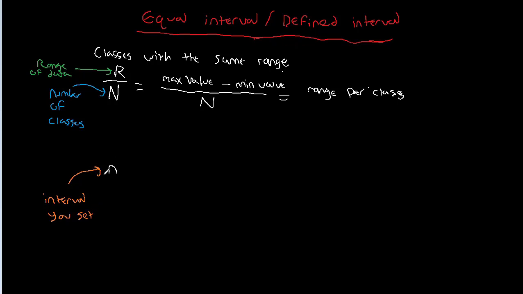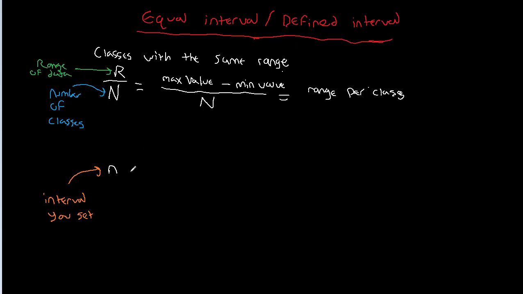Say we're talking about the percentage of a demographic in New York City. Your little n might be 10%, so each class is going to have a range of 10%. In this case, we're not defining the number of classes. Instead, we're defining the interval for each class.